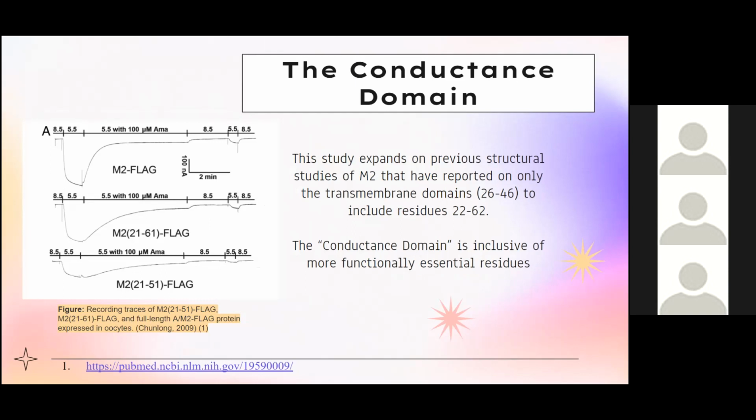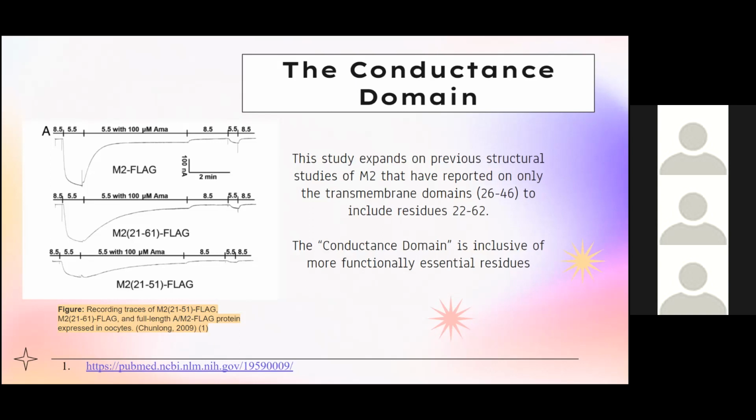So a closer look at the work done by Chunlong Ma and his team at Northwestern was essentially researchers synthesizing M2 and specific fragments of M2. These specific fragments are the transmembrane domain and the conductance domain with frog oocytes. And then the specific activity of these fragments was tracked in comparison to the specific activity of the entire M2 protein.